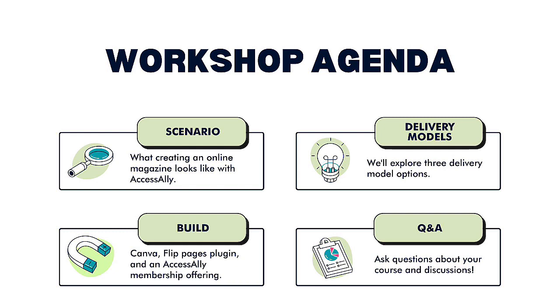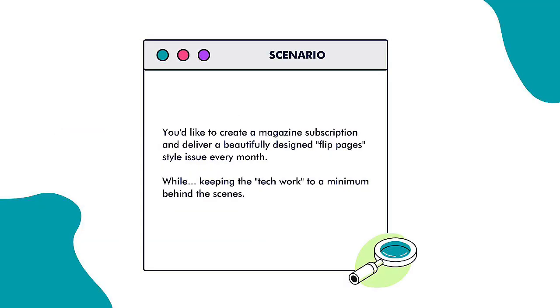Then we'll go into a really cool plugin that you can use on WordPress called Flip Pages. And then we will create an AccessAlly membership offering to hold our magazine. And then finally, Q&A.